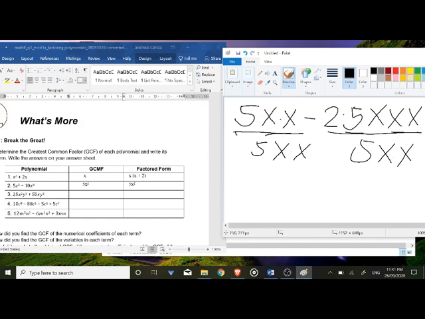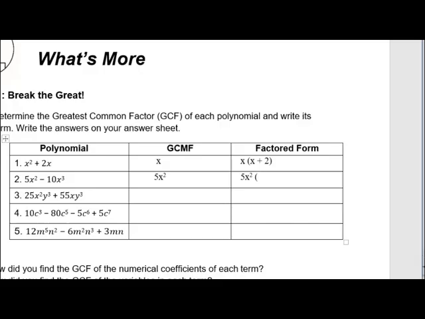So, para mas madaling makita ang mga common nila, cancel lang natin si 5, tapos dalawang x. Okay. So, automatic, itong mga na-cross out natin, 1 na yan. So, 5x squared over 5x squared, that is 1. Minus 2 times x, that's 2x. Alright? So, this is the other factor. So, sulat na lang natin dito, 5x squared times 1 minus 2x.